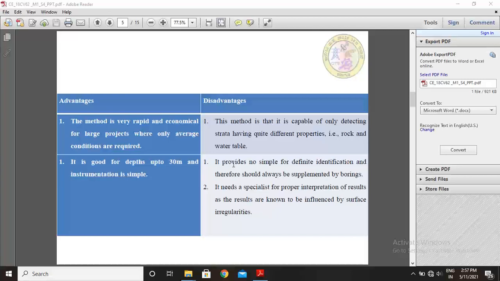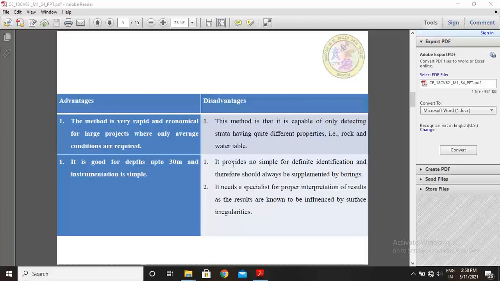Next disadvantage is it provides no symbol for definite identification and therefore should always be supplemented by borings. And next, it needs a specialist for proper interpretation of results, as the results are known to be influenced by surface irregularities.